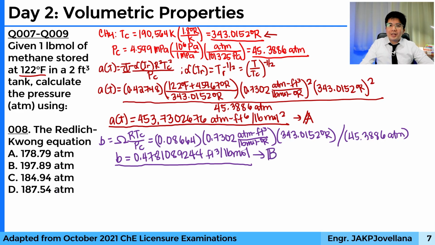Lastly, let us use the cubic equation of state. For the Redlich-Kwong equation, the value of sigma is equal to 1, and the value of epsilon is equal to 0.